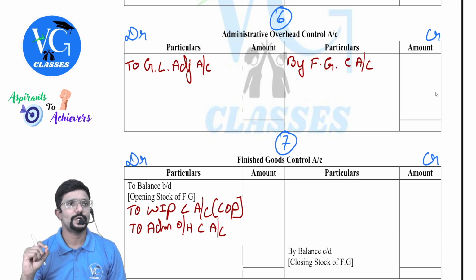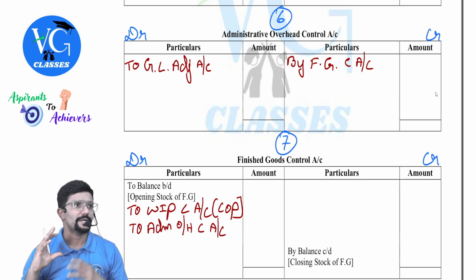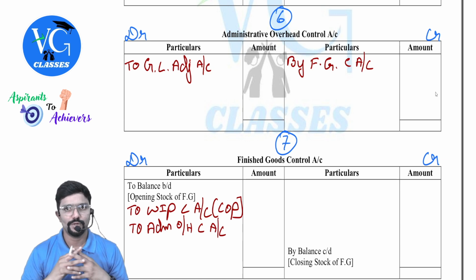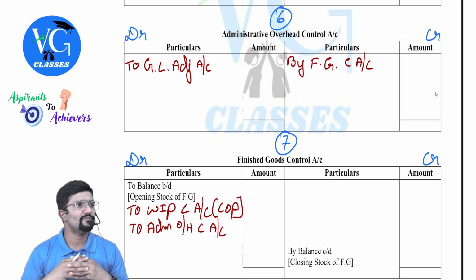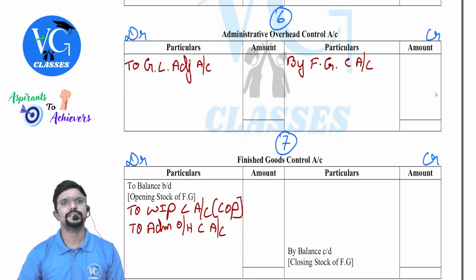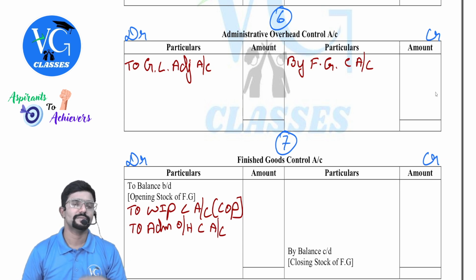Administrative overhead control account, this is for administrative overhead absorbed. For this chapter, administrative overhead will always come after COP, that is after cost of production, guys. There are no two varieties of administrative overhead, only one variety.